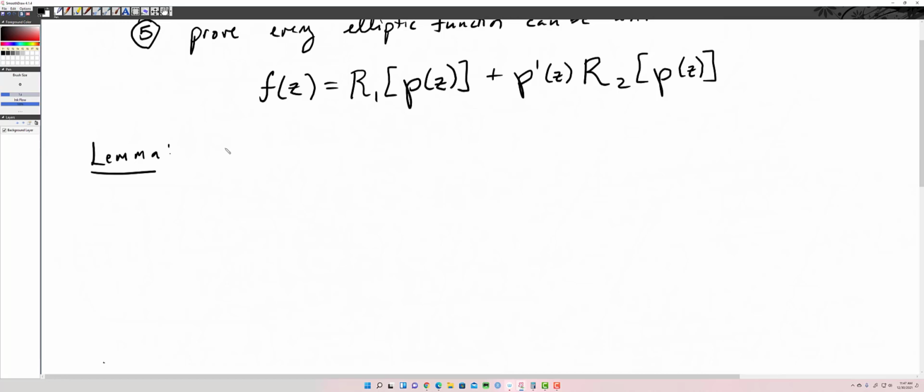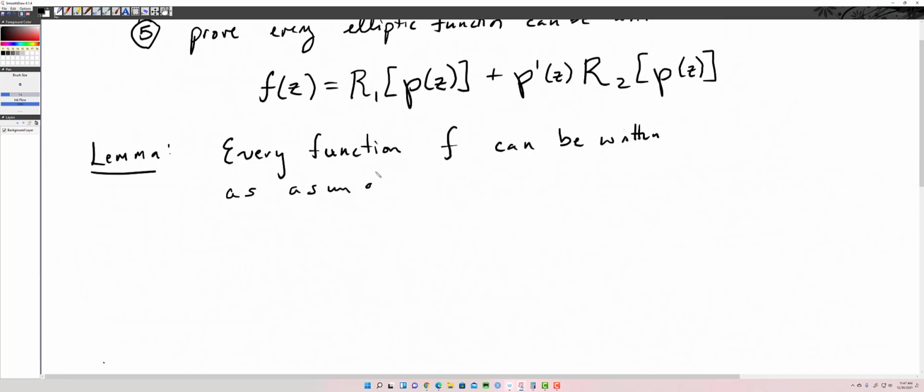And the lemma says that every function can be written as a sum of its even part and odd part.